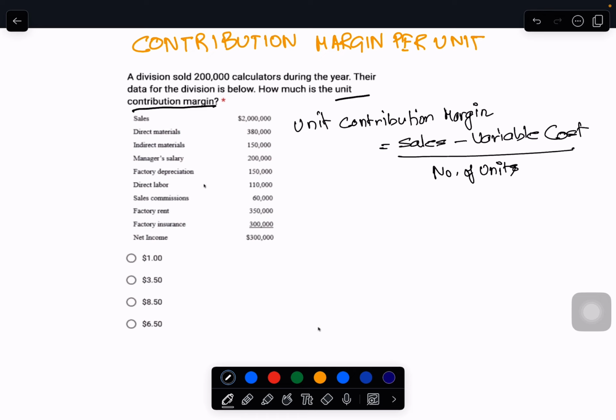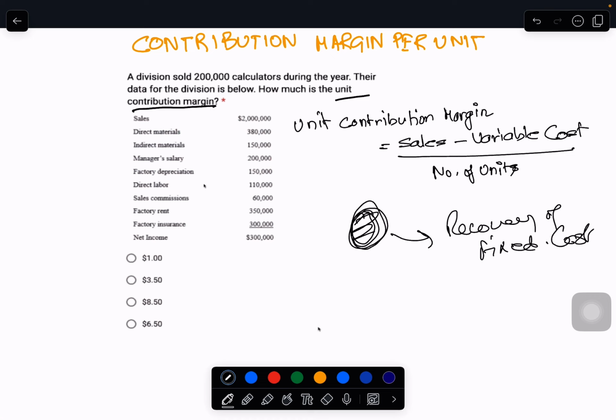Essentially, contribution means how much each quantity of the product helps towards recovery of the fixed cost.